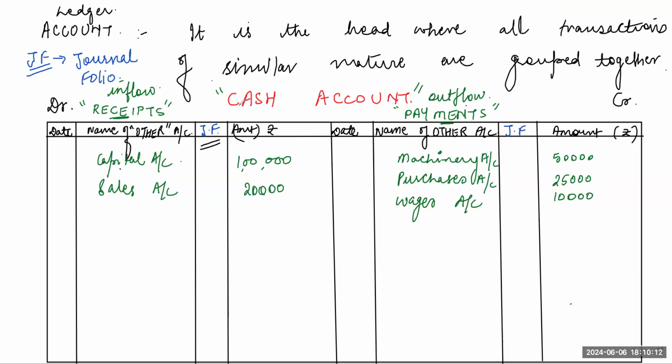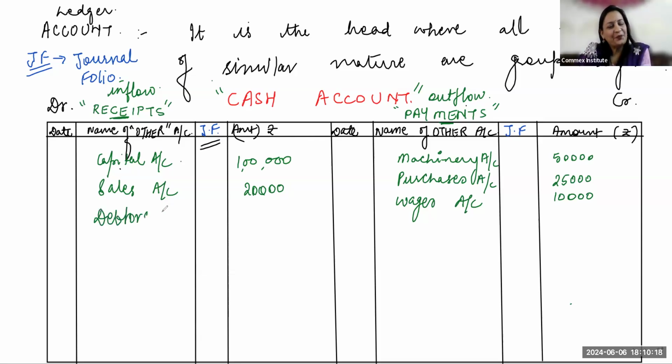Ma'am, debit side and I think it'll be cash. No, not cash, debtors account. So suppose out of 10,000, I've received 7,000 a week after. I'll receive it in the name of debtors account, 7,000, right?